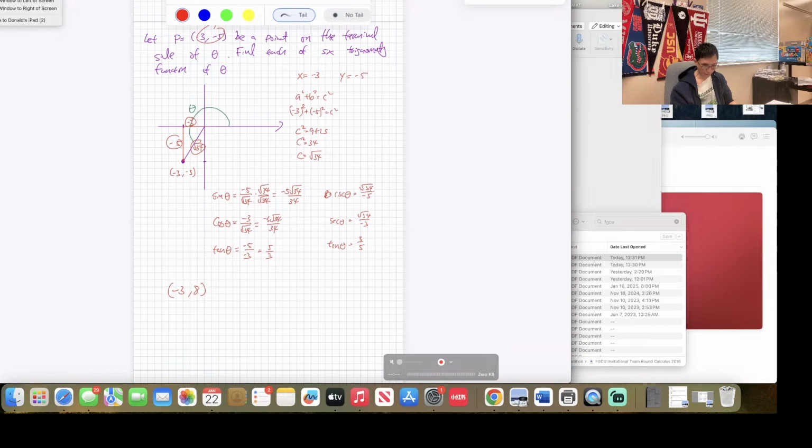Put it to the fourth power. And then you find all 6 trig functions. If you need to rationalize it, you need to rationalize it.